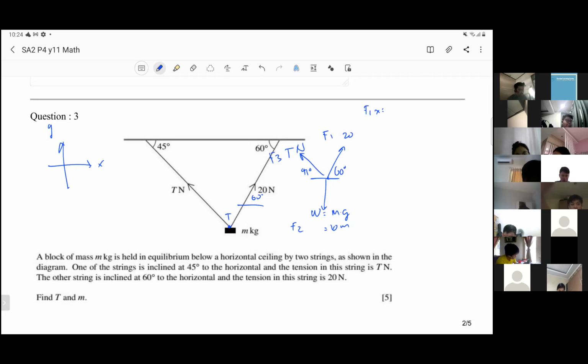This is F1, but we are going to break it into X and Y directions.